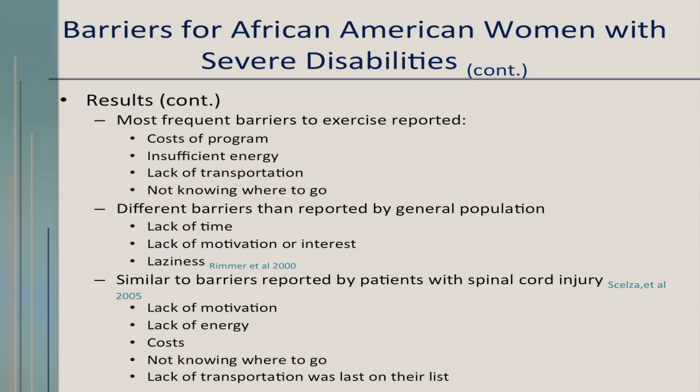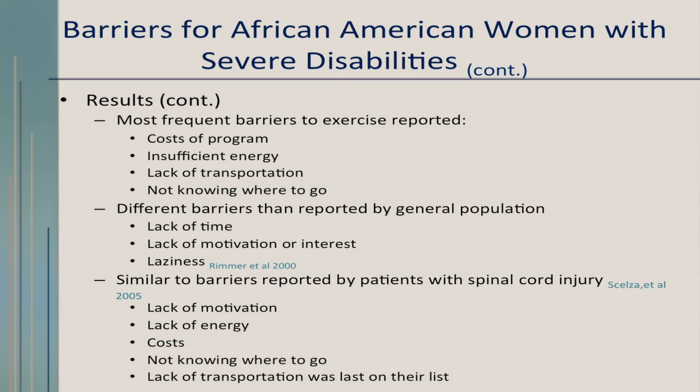The women also reported their most frequent barriers to exercise to be the costs of programs, insufficient energy to perform the exercise program, lack of transportation, and not knowing where to go. These are barriers that are different than that reported by the general population, which are lack of time, lack of motivation or interest, or laziness.